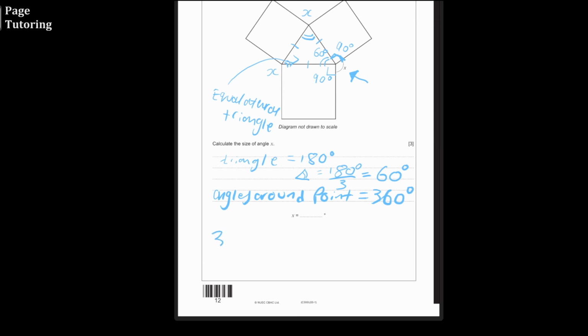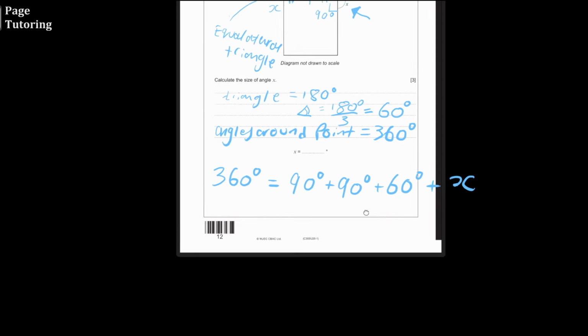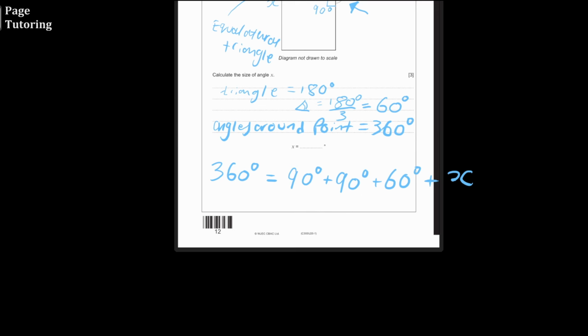So we know that 360 degrees is equal to all them angles added up. So we've got 2 lots of 90 degrees, 90 degrees plus 90 degrees, that's from that square. And then we've got our triangle corner there, which is 60 degrees, plus our mystery angle X. Well, now it's just a simple algebra problem.